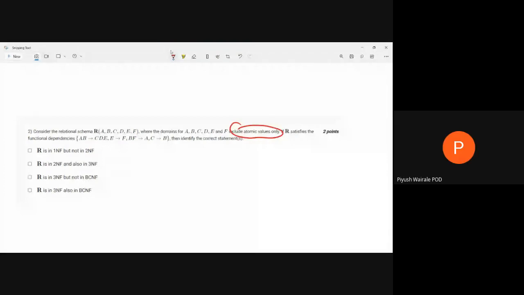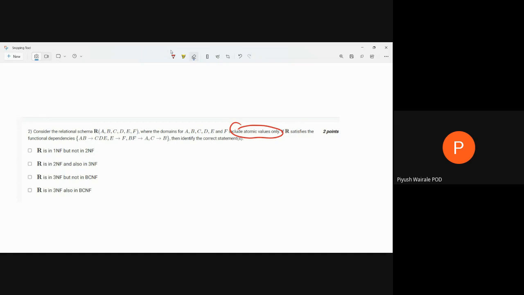First check which attributes are not present on the right hand side of any functional dependency. CD is present, F is present, A is present, and B is also present. In this case, all the attributes are present on the right hand side of some functional dependency.